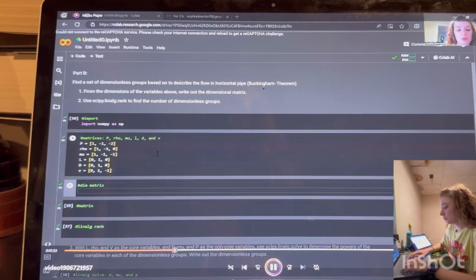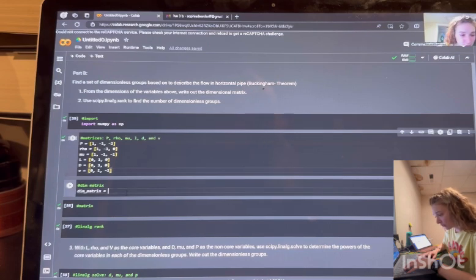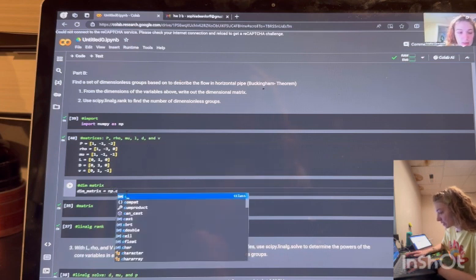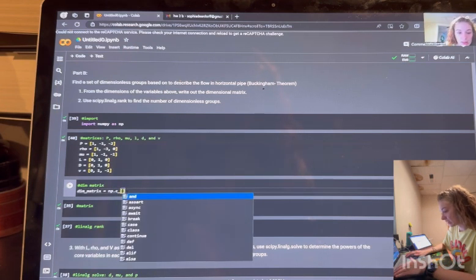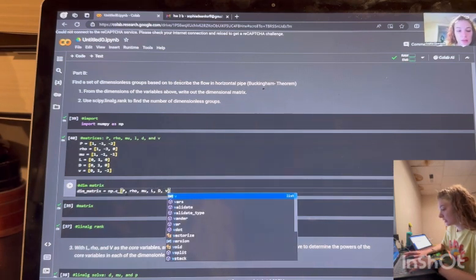All right, so then we're gonna do dim matrix, and then it's equal to the variables that we just typed out, but with the np.c_ bracket, I think, and then p, rho, mu, l, d, b.